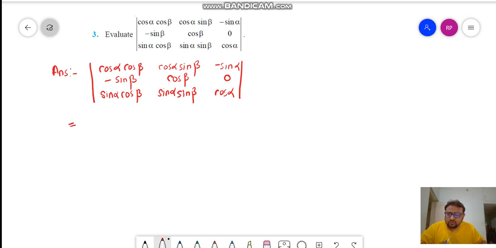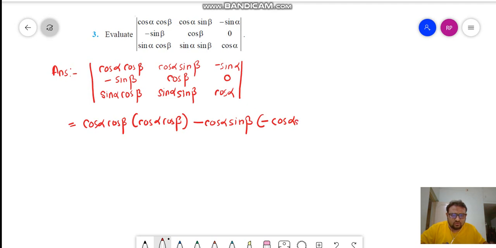This is equal to, first is cos alpha into cos alpha cos beta, that is cos alpha cos beta, 0 into this 0, so no need to write it down, minus cos alpha sin beta, so minus sin beta into cos alpha, this will be minus cos alpha sin beta, and 0 into the sin alpha cos alpha is 0, so no need to write it down, plus minus sin alpha, because it is minus sin alpha.